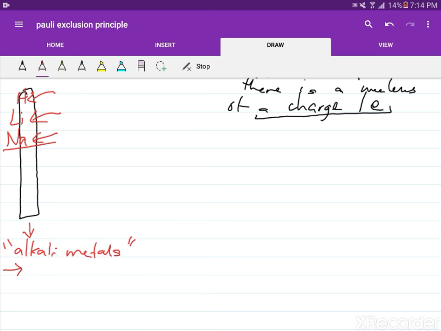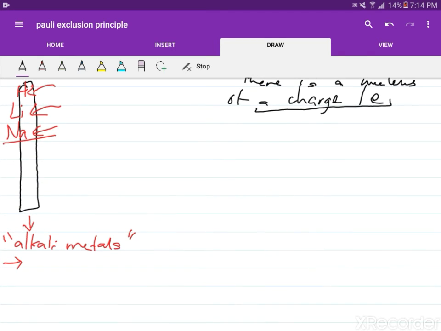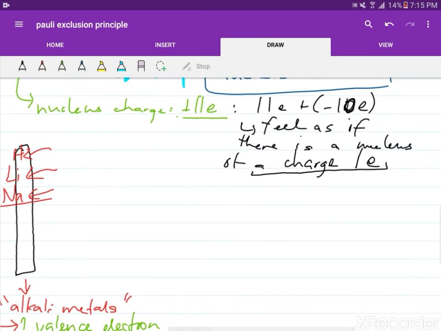They are grouped in this way because they all have one valence electron, just like this sodium atom. So if you try to relate hydrogen, lithium, and sodium, they also feel as if there's only a nucleus of a charge 1e.